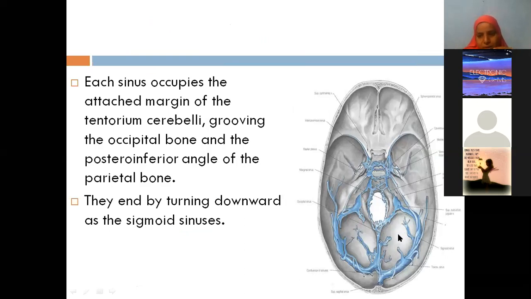Transverse sinus is also 2 in number. Then superior petrosal sinus, inferior petrosal sinus are also 2 in number. So like that, sigmoid sinus, the S-shaped one, will also be 2 in number. Okay, so that means there are some sinuses which are present on right and left side correspondingly. You call them as paired.